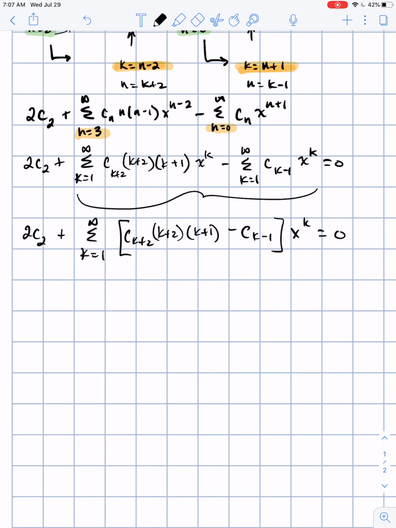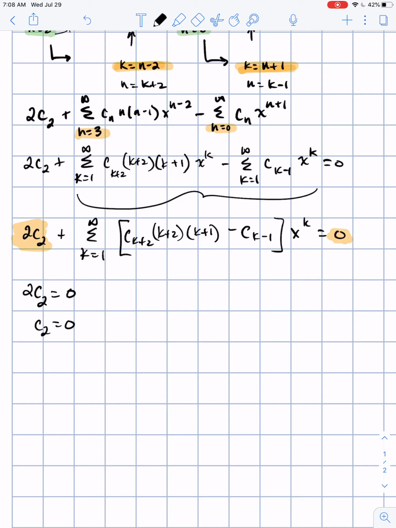So now the only thing different than that last example that I gave from 6.1 is you have this term out here. But what we want to do is when we're solving this for 0, we want to figure out, well, every term also has to equal 0. So in this case, we know c2 will always be 0.